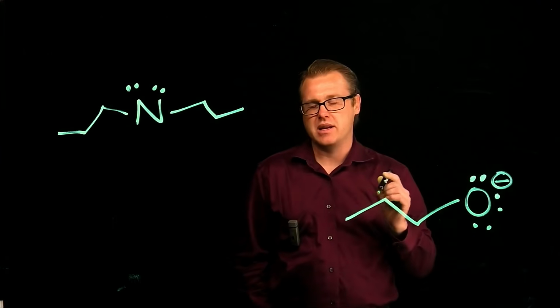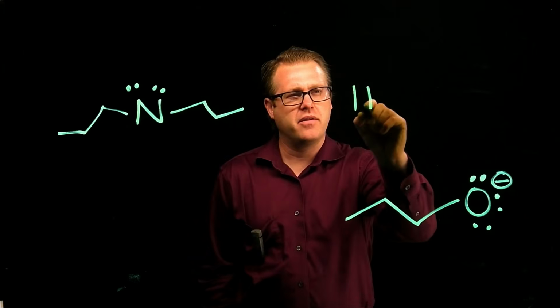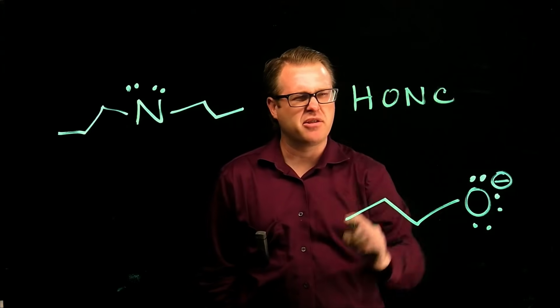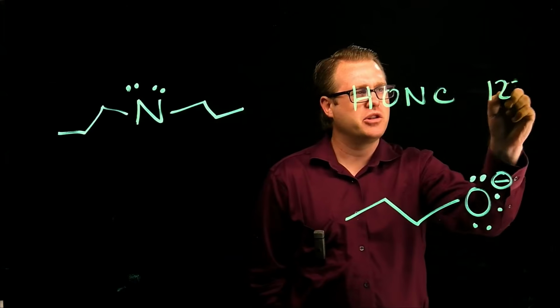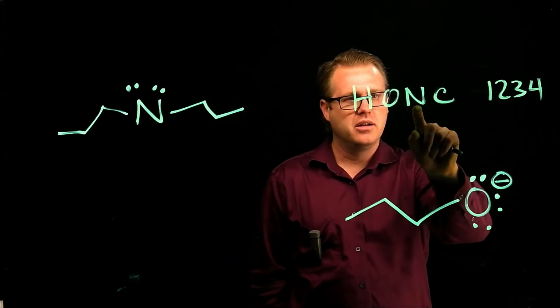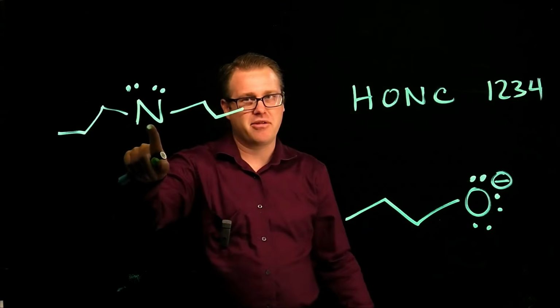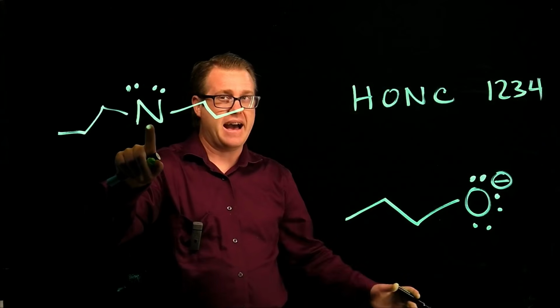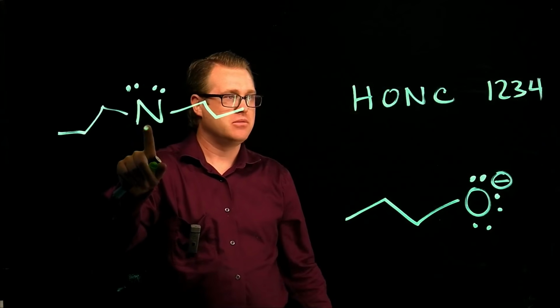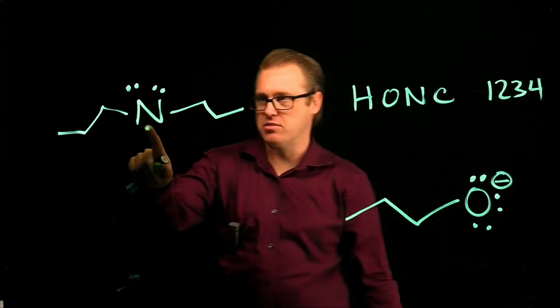What does the HONK rule tell us? And if you're somewhat like me, you just have to write it out for some reason. The HONK 1, 2, 3, 4 rule. Okay, so that means nitrogen has to have 3 bonds. Okay, so that doesn't have 3 bonds. So right off the bat, I know that is not neutral because that rule is broken.